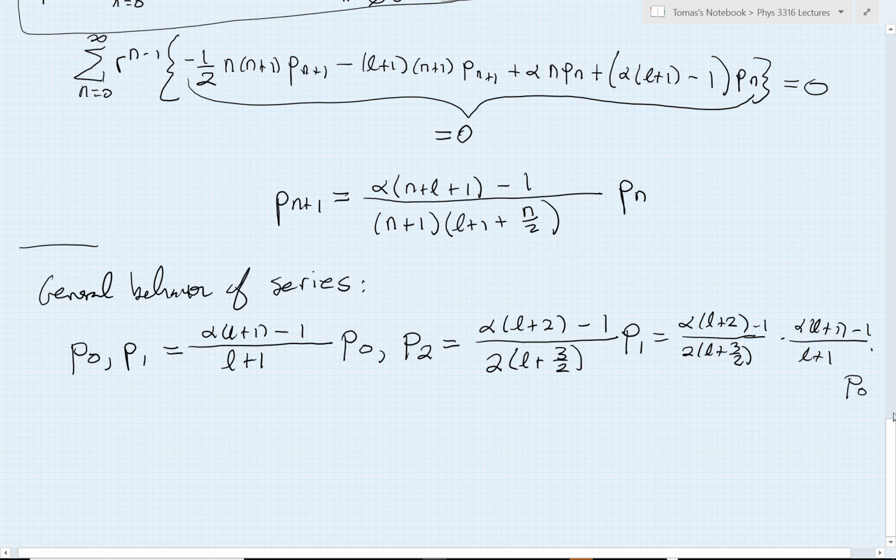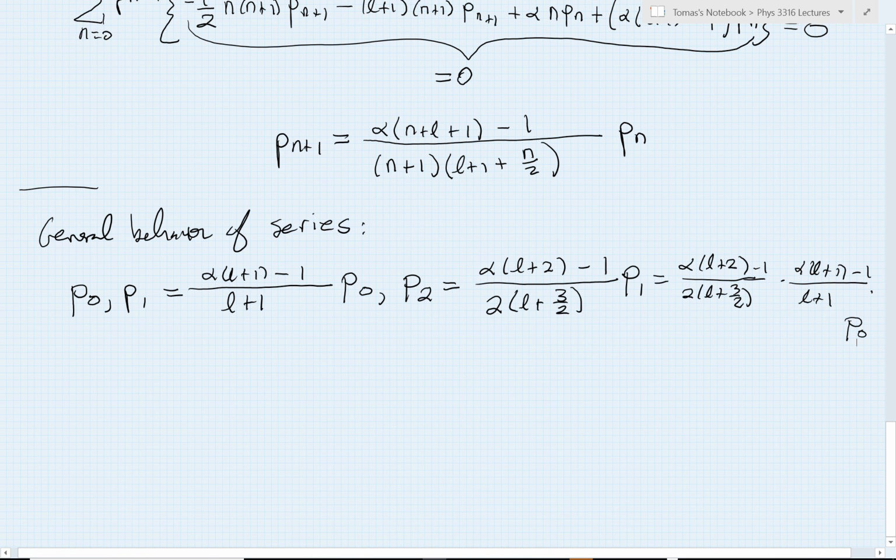So now I think we get a general feel for what the general term in the series is going to look like. Pn, the nth term in this sequence, you will notice, in all these cases, as I keep applying my recursion relation, every single term ends up being simply proportional to P0.